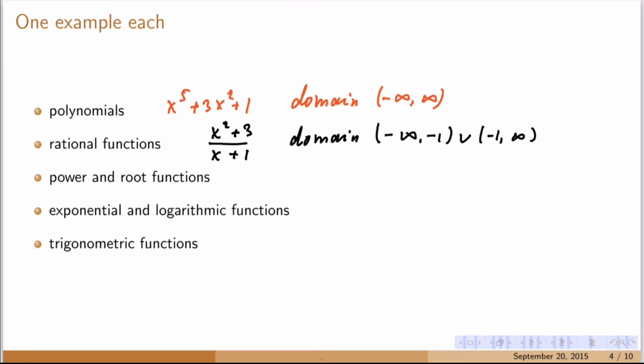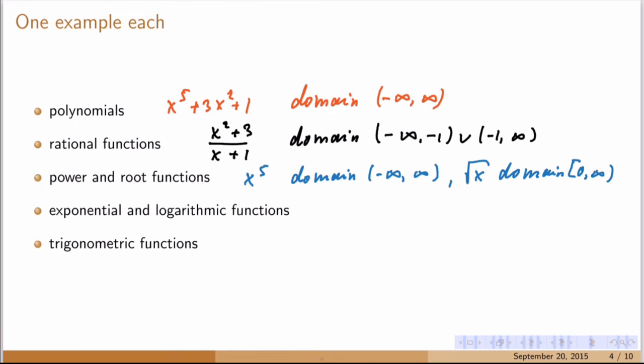Power and root functions. For example, one power function would be x to the 5, which can actually be classified as a polynomial if you want to. So it has the same domain. But there are other powers which do not have the full domain. For example, the power to the 1/2, which is the square root function, which has as domain the non-negative values.